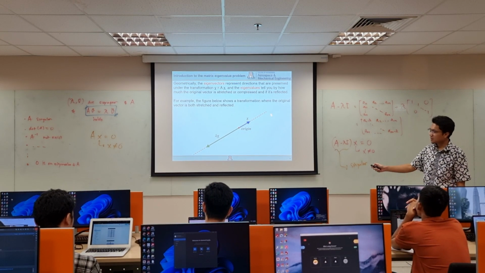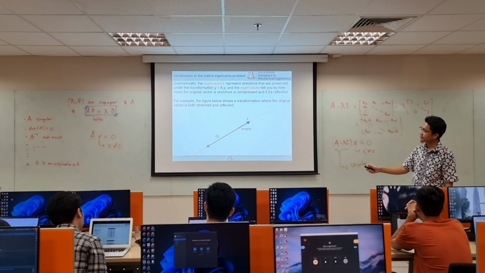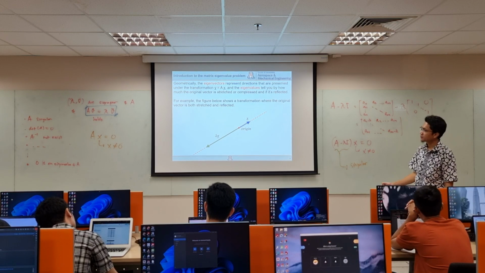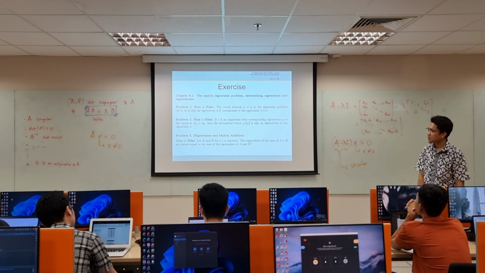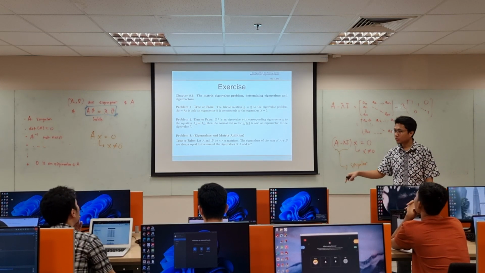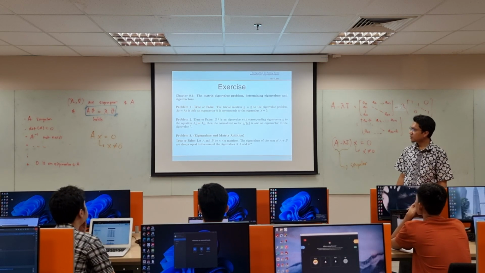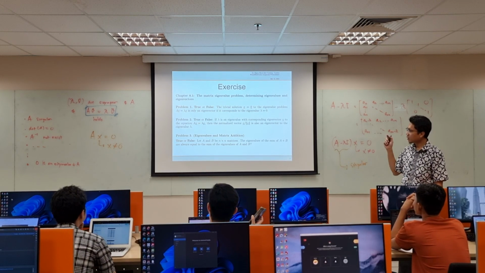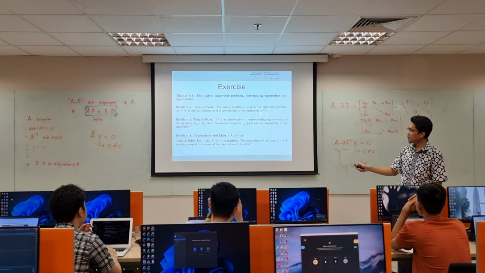I discussed this just now, about the eigenvector being a direction. Exercise. This one is coming from your homework. Problem number 1, true or false? The trivial solution x equal to 0 to the eigenvalue problem is the only eigenvector if it corresponds to the eigenvalue lambda equal to 0.